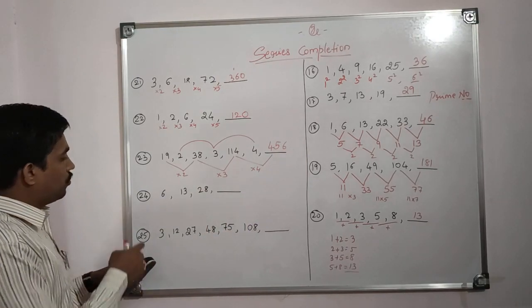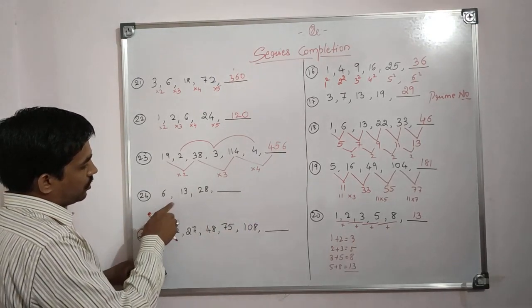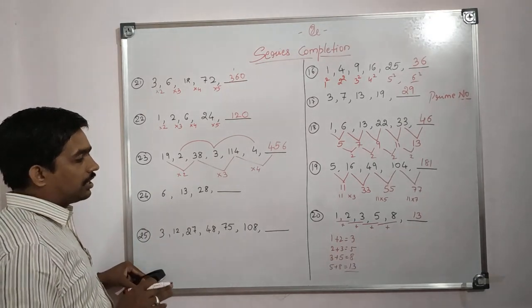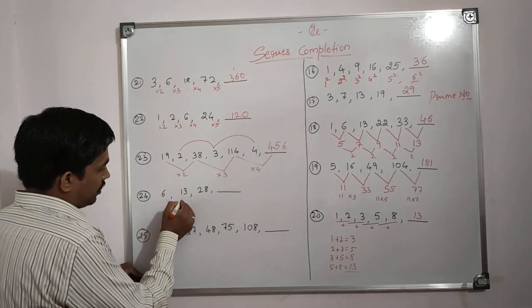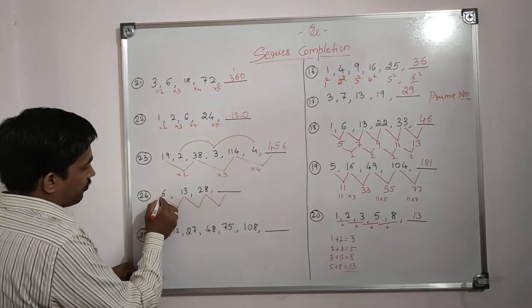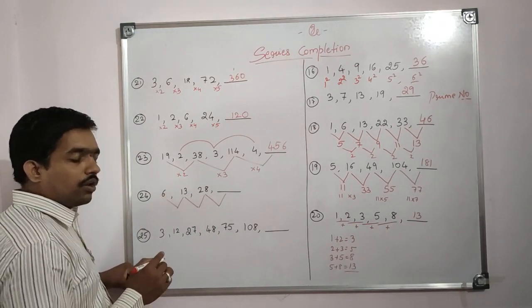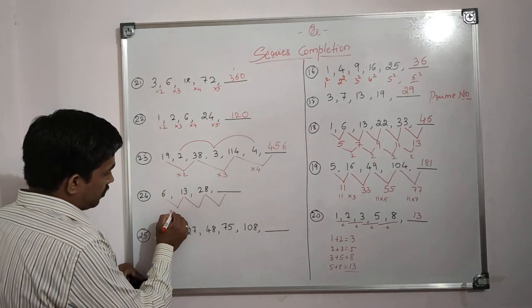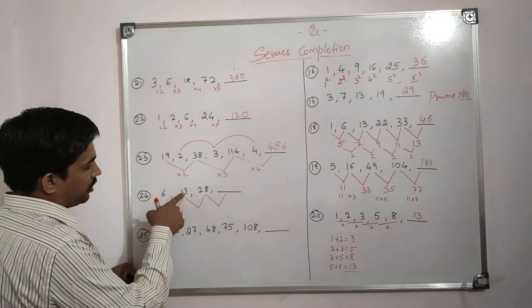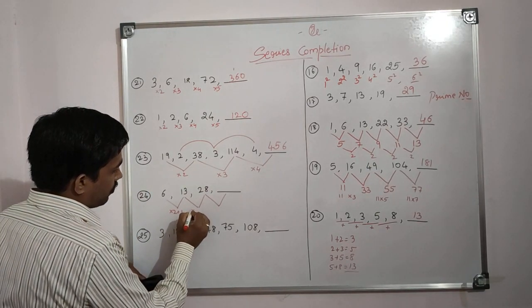And then moving to this question. So see what type of question this is. This is also based on multiplication. See here, 6 into 2 is 12, plus 1, 13.